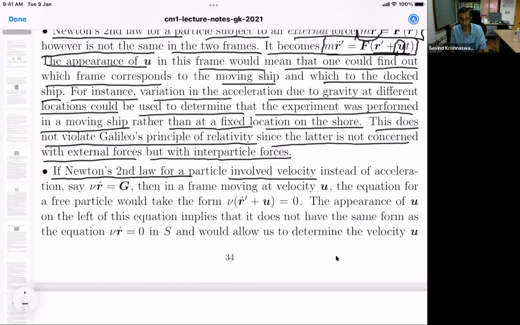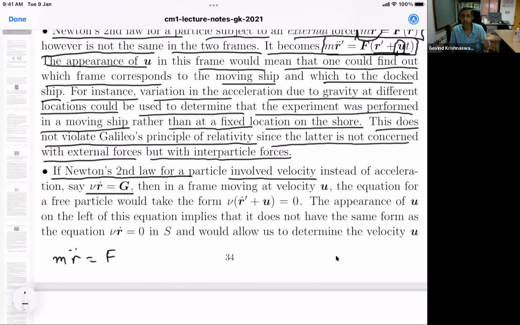Suppose Newton's second law did not say m r double dot is equal to force, but rather it said something like a nu r dot equal to g. Notice I am using some other symbol. Instead of mass, I am calling it nu because the dimensions are different, and instead of f, I am calling it g.